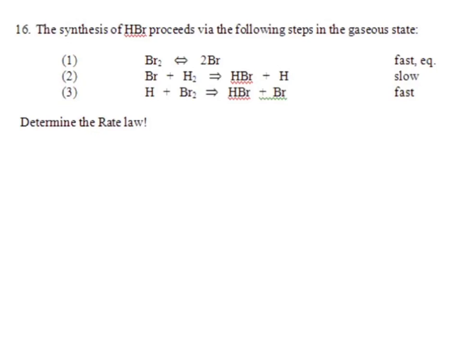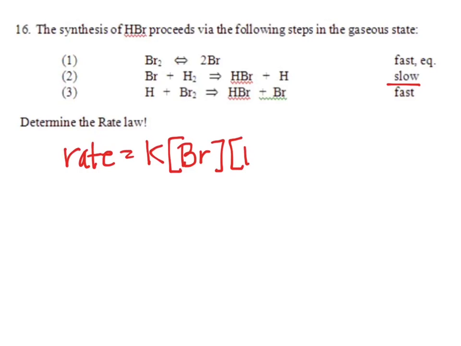So, again, start with your slow step. So rate is equal to k times the concentration of Br times the concentration of H2. I see this equilibrium out here, and that tells me, oh, I better do a substitution.